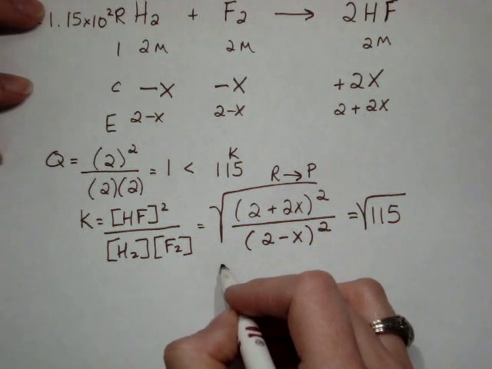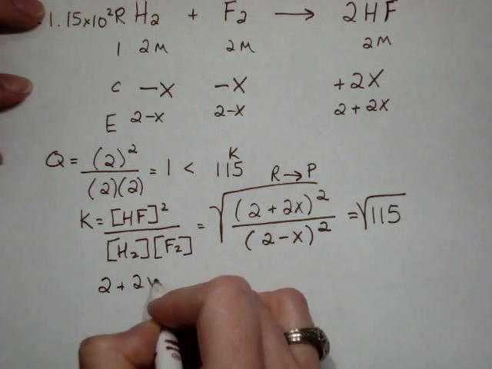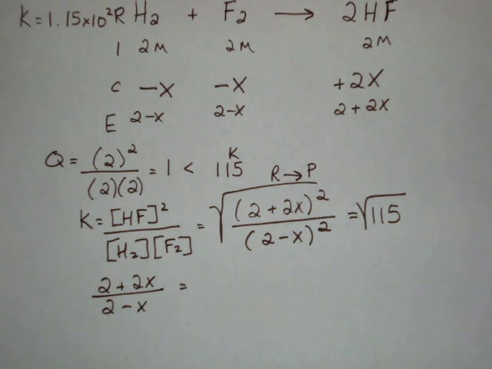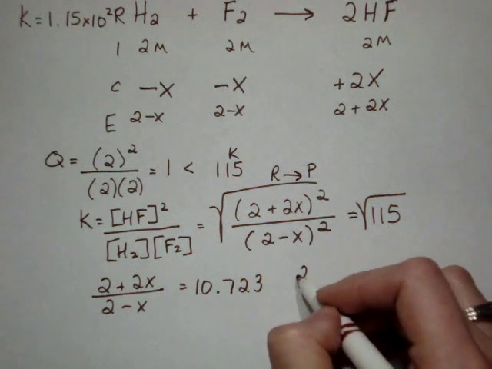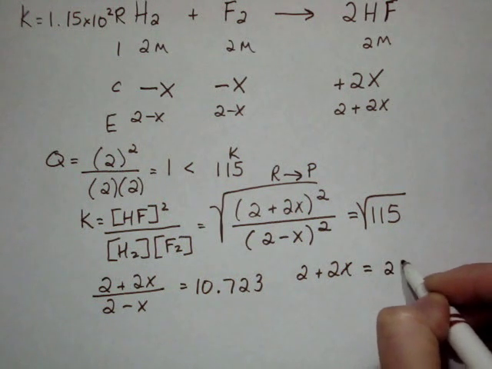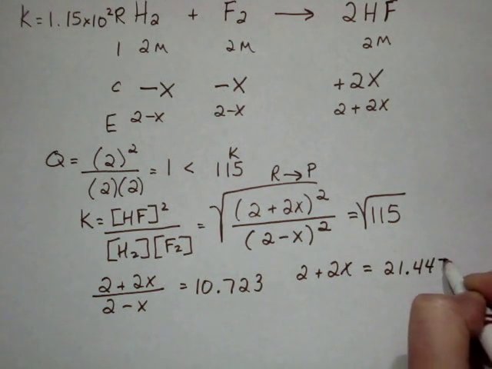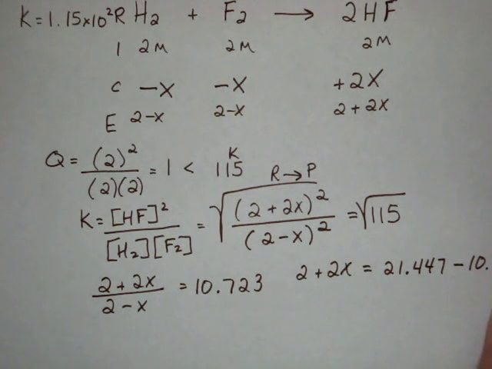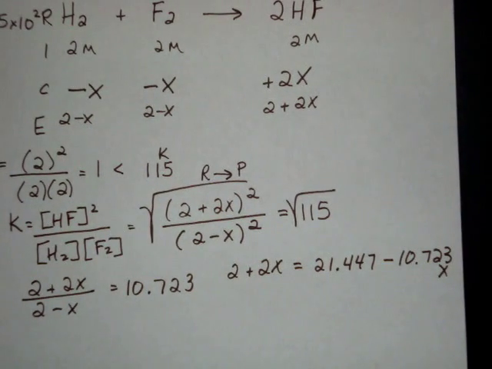And that's going to leave me with 2 plus 2X over 2 minus X equals the square root of 115, which is 10.723. Going to cross multiply. So I'm going to end up with 2 plus 2X, I won't let myself mess it up this time, equals 21.447 minus 10.723X. Hopefully I didn't run off the paper there.